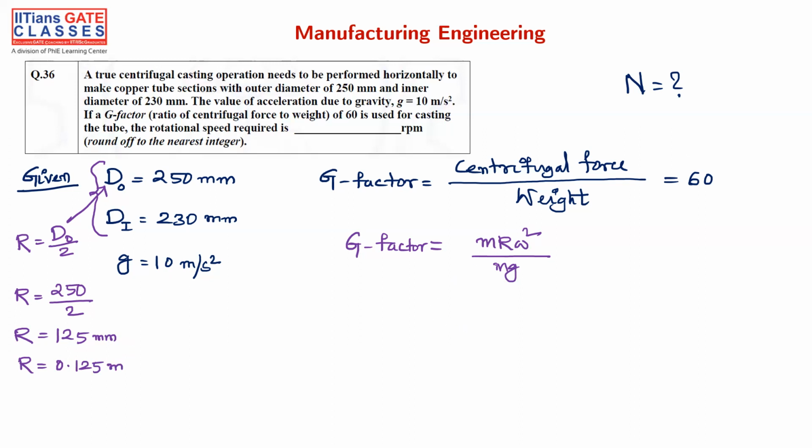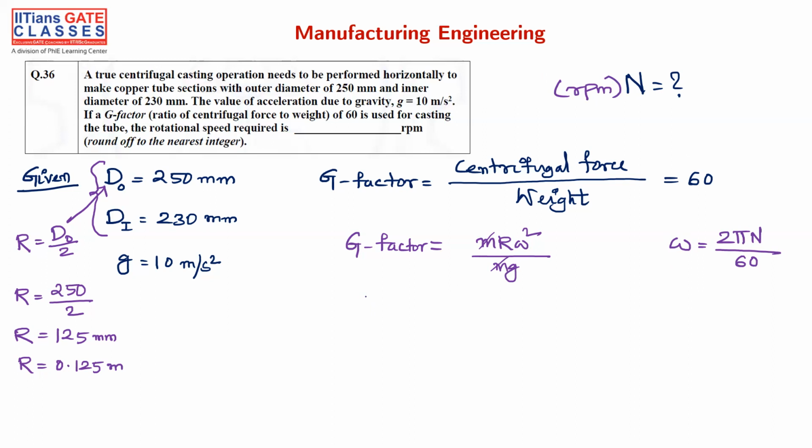So the mass gets cancelled. R is there, omega we have to see. Omega is nothing but 2 pi N by 60. Omega is angular velocity and N is the number of rotations per minute, RPM. So let's substitute.